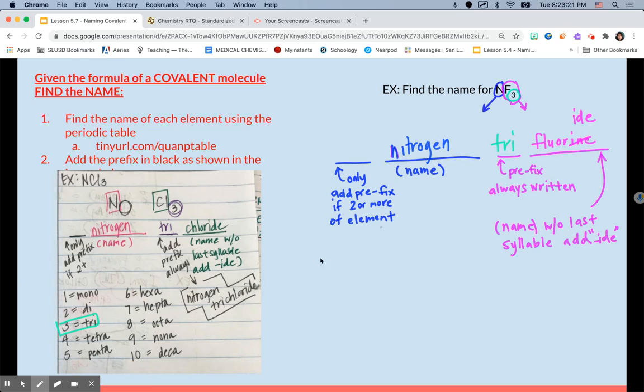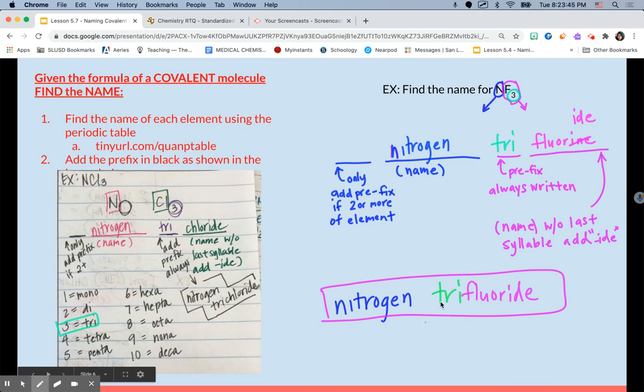If I put every single thing together, the full name of NF3 is going to be nitrogen trifluoride. The prefixes go with the word as if it were one word. So nitrogen trifluoride is the name.